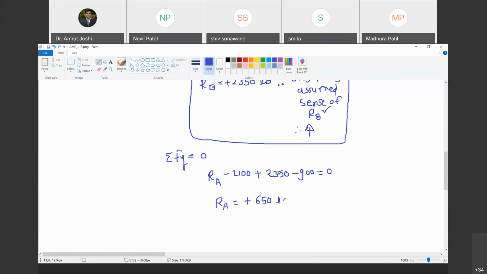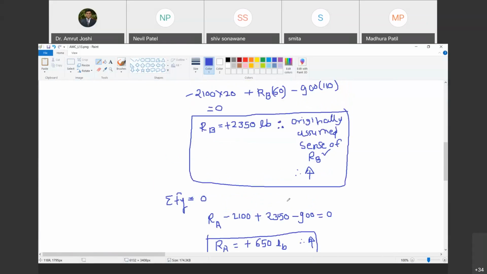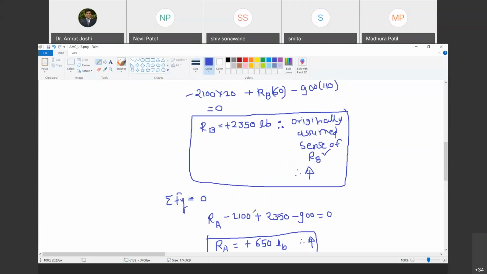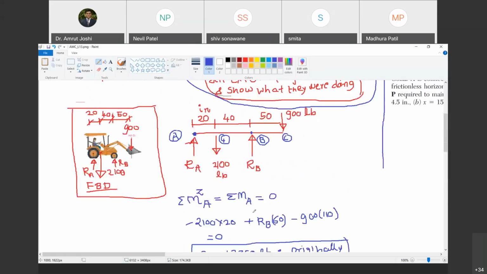So what is the meaning of plus sign? Originally assumed sense of RA is correct. And originally assumed sense of RA is upward. Therefore, it is upward. Are you with me? Yes, sir. Now, can you do one thing for me? What is the sum of RA and RB? 3000.